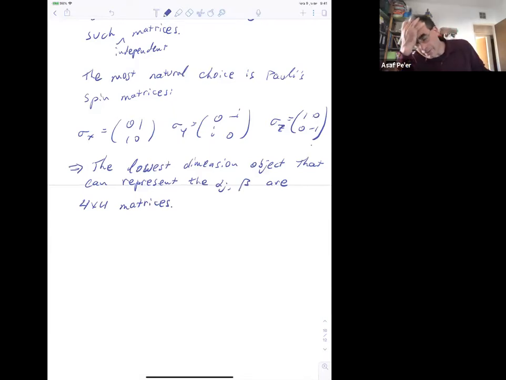Which means alpha_j multiply the operator p, so these operators must act on a wave function which by itself is composed of 4 separate components.